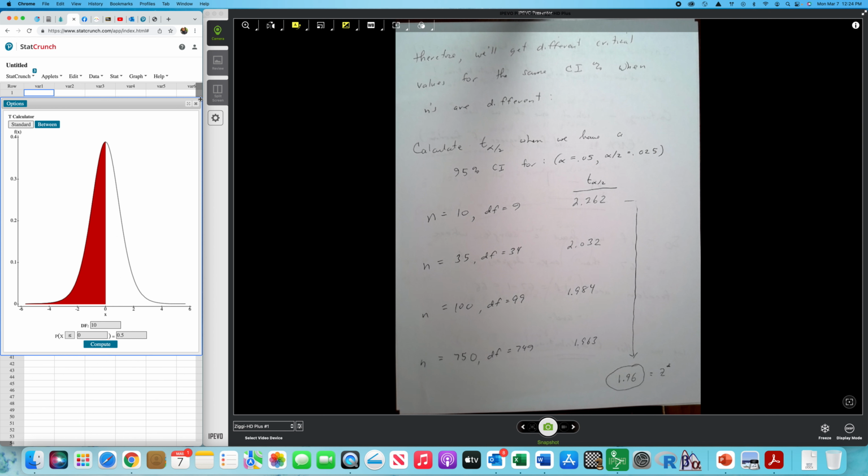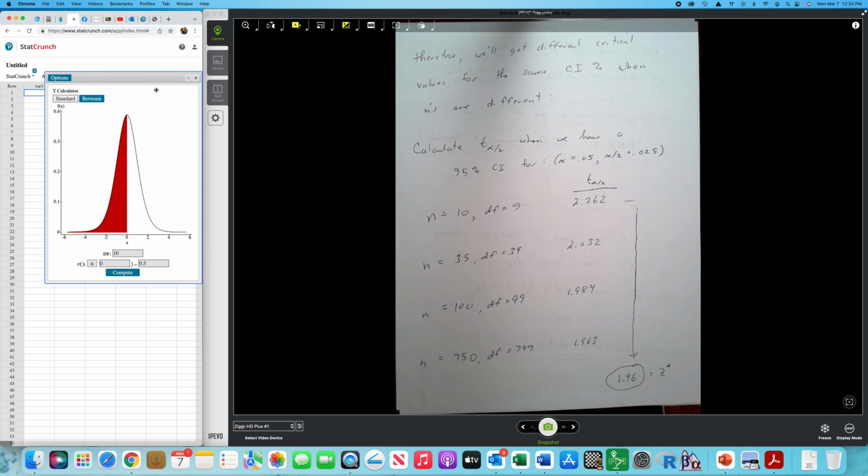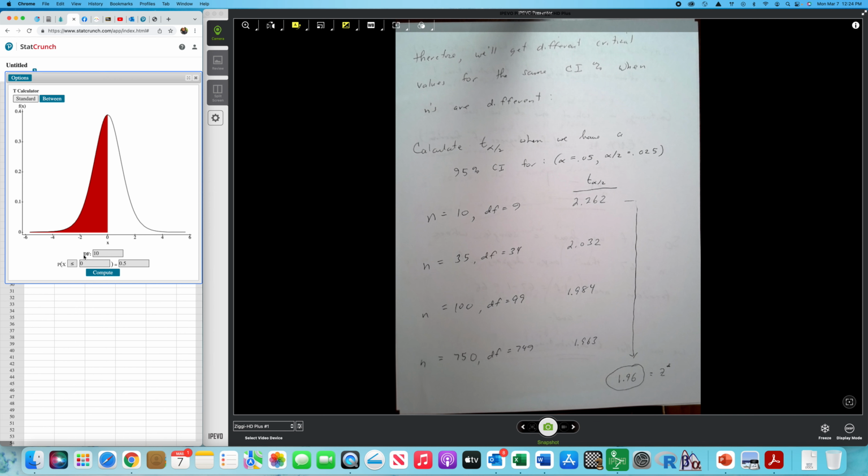Notice it asks for degrees of freedom. So for the first problem, degrees of freedom is going to be equal to 9. We're going to need above, and I want my area in the right to be 0.025, for reasons I've explained in previous videos.